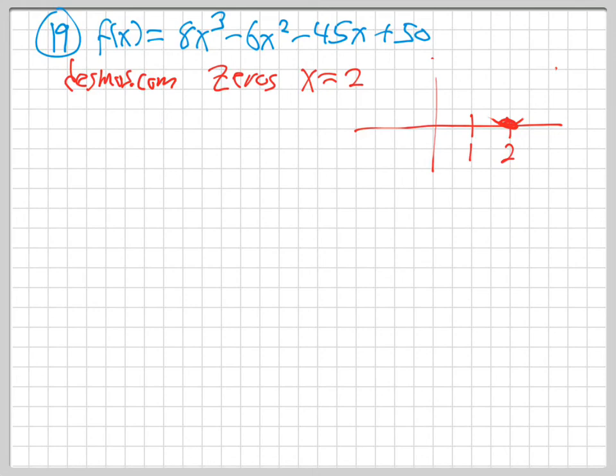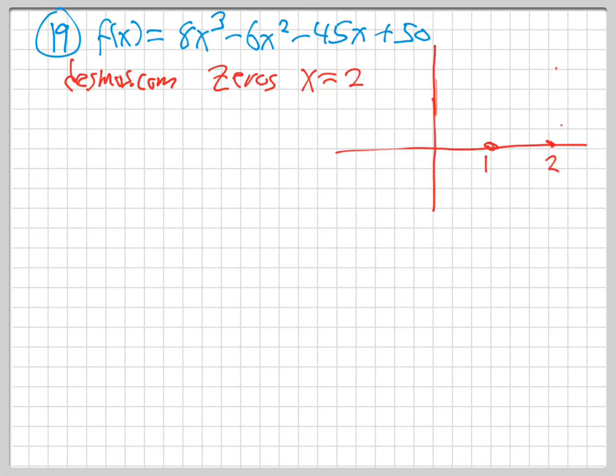Here, I'm not doing the graph. What you'll see at Desmos.com, if you go over there, is here's 1, here's 2.